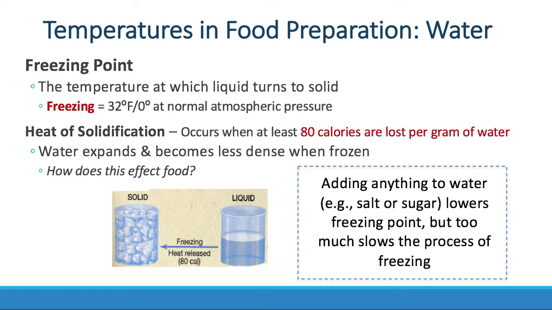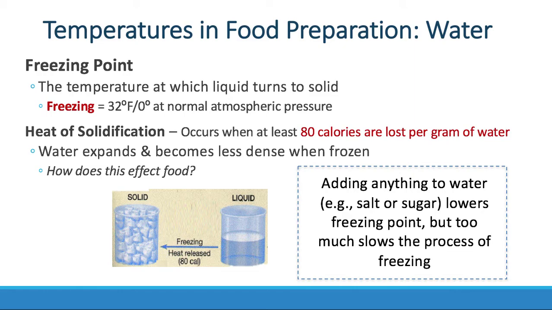Something that's a little bit different about water is that it actually expands and becomes less dense when it freezes. So you can think of this in a few different scenarios. The first might be a freezing of our pipes. We know that if water freezes within our pipes, it can cause our pipes to rupture. And this is because water actually expands and becomes less dense.